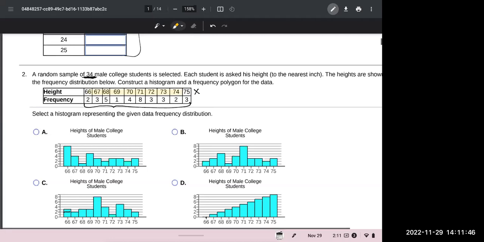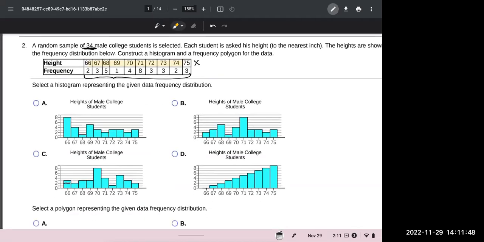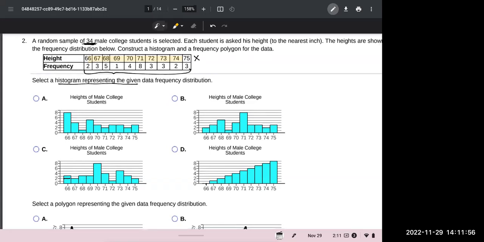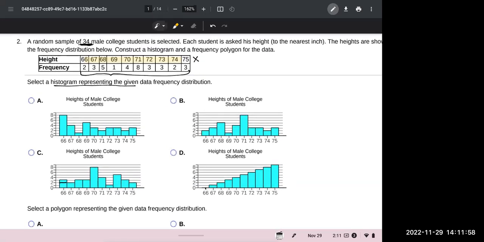So now what you need to do is select the histogram which represents the frequency distribution table. On the histogram, you just check that this is our x-axis. Here, like you see, this is the height of the students.